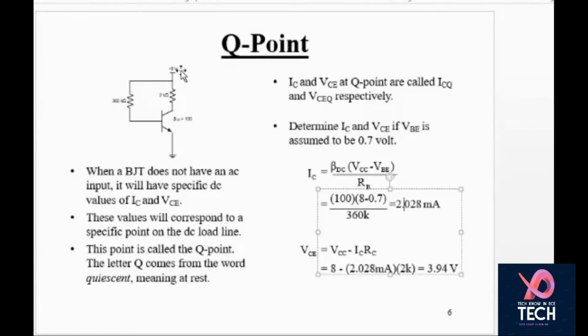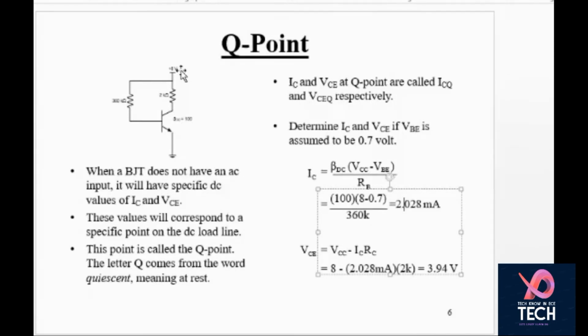VCC is equal to 8 volts. RB is equal to 360 kilo ohms. RC is equal to 2 kilo ohms. And beta of the transistor is 100.